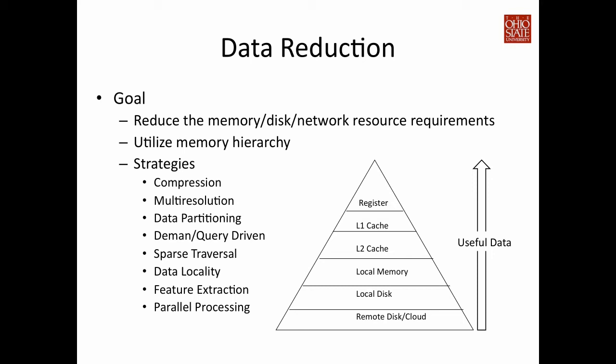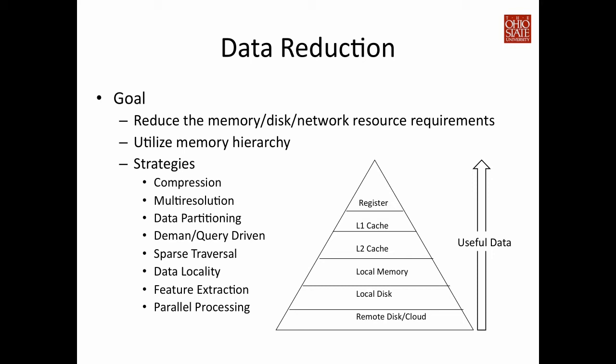So when you implement algorithms that handle large data, you need to make sure that you utilize this sparse traversal property. And also, once data are brought into memory or faster caches, you want to make sure that you have good data access locality. That is, you want to reorganize your computational order such that the data can be utilized as much as possible.